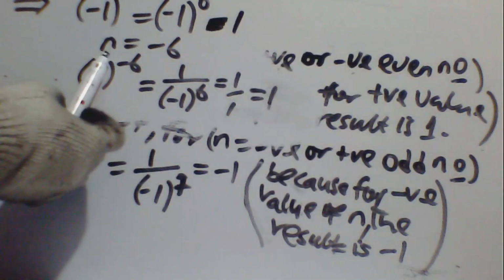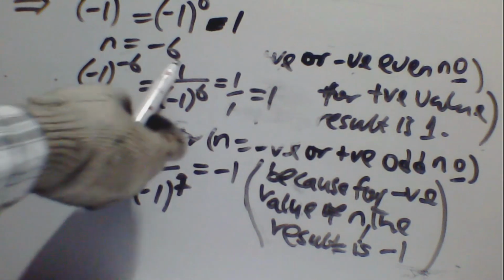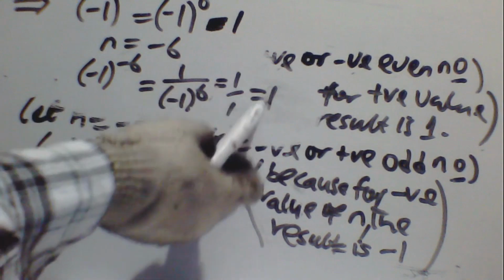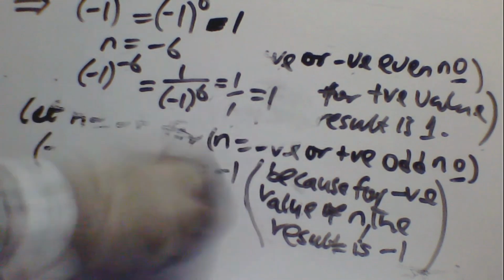So I say let n equals to minus 6. So minus 1 raised to power minus 6 is the same as 1 over minus 1 raised to power 6, and we have 1 over 1, and finally we get 1. So when minus 1 is raised to the power of an odd number, the result will give us negative 1 or minus 1.